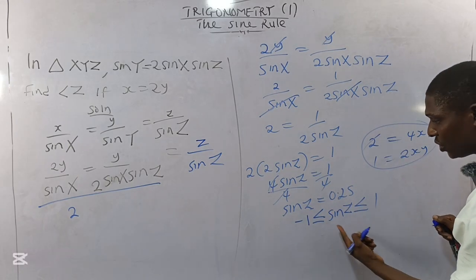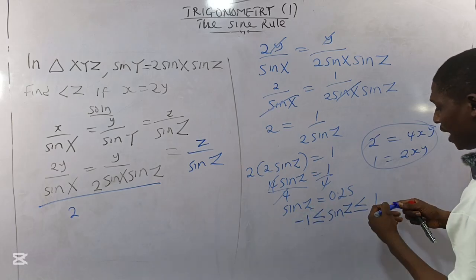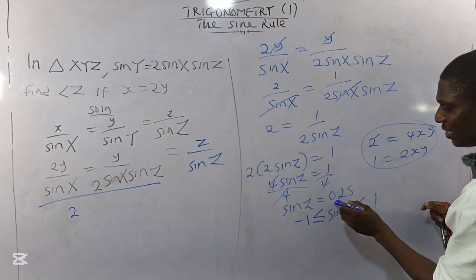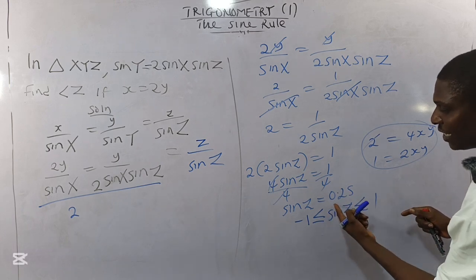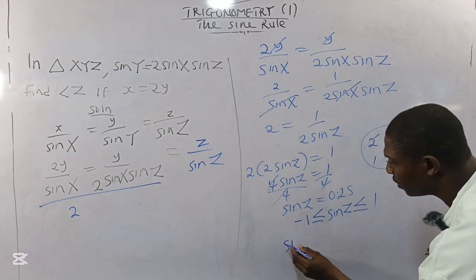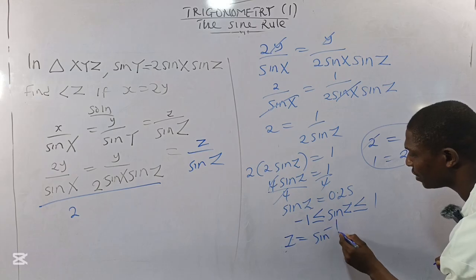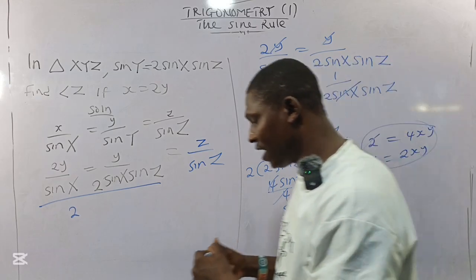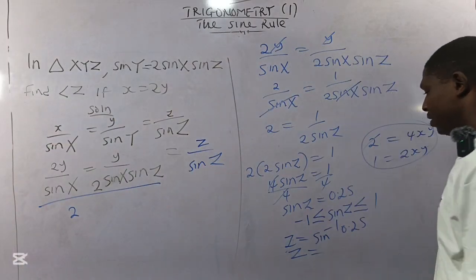Take note for all scenario. That's why the value gotten when sine is attached to an angle always gives you what? A value less than what? 1, and greater than what? Greater than or equal to -1. So I will have z now to be equals to sine inverse of 0.25, and let's see the value when we use our calculator.